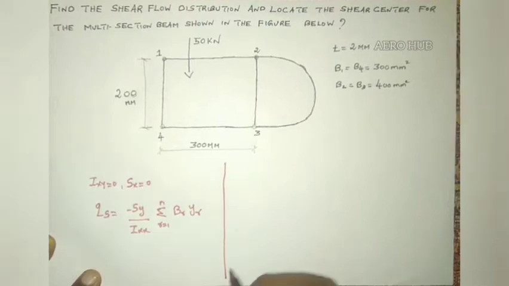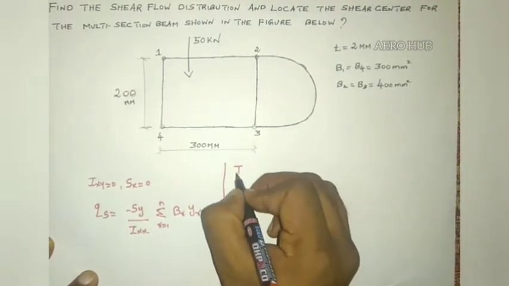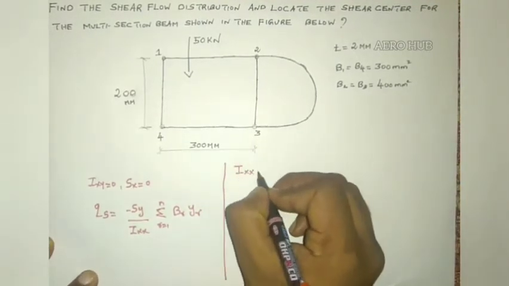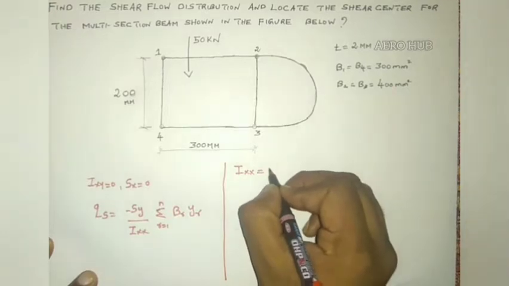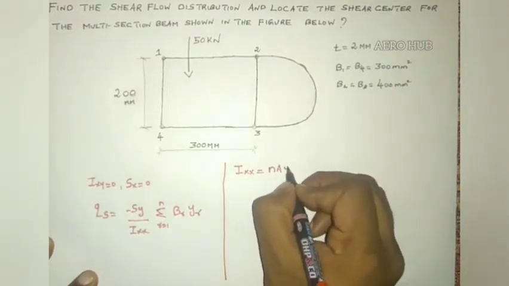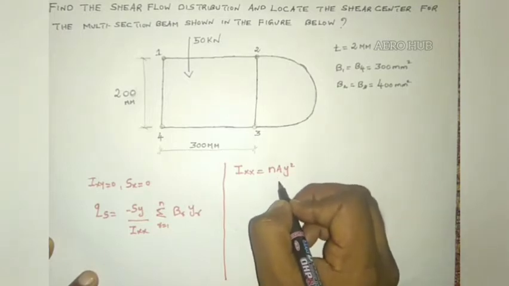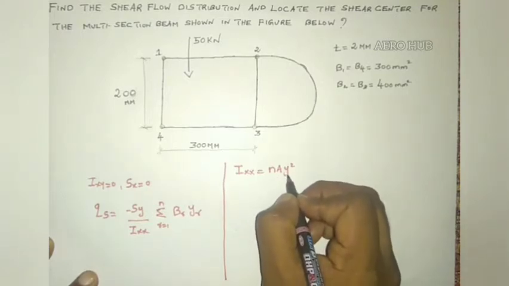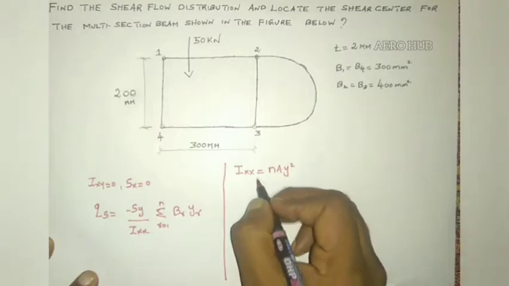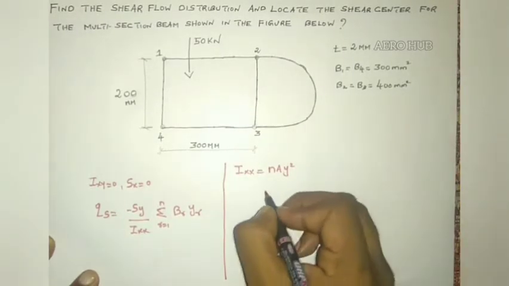We'll find the moment of inertia. Ixx is equal to, we know the formula, summation of A y square, where A is the boom area and y is the distance from the neutral axis. We have 4 booms with equal areas in pairs.